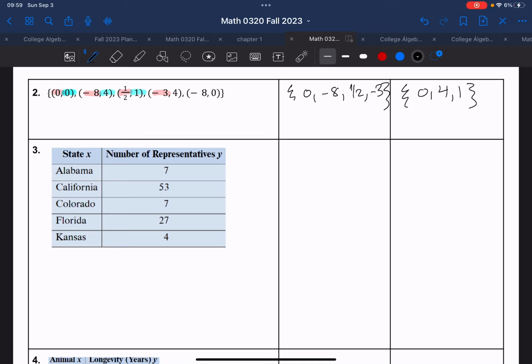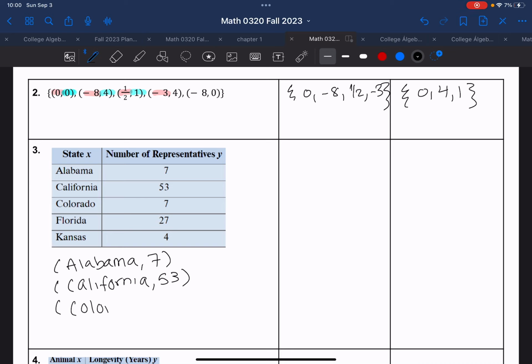So I'm still going to write this as x comma y. So looking at the first row, I have Alabama and I have 7. So that means my point is going to be Alabama, comma, 7. Writing my next point, I have California, comma, 53, because that's in the same row.